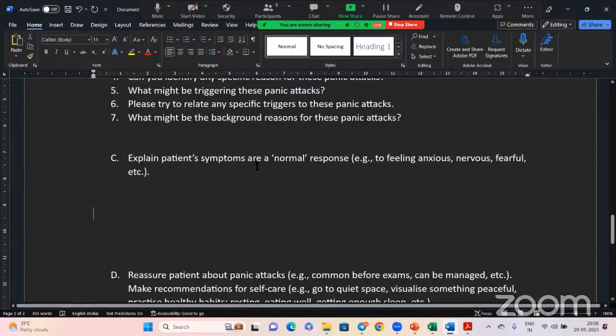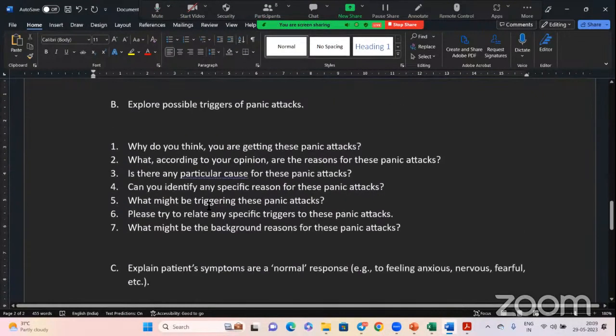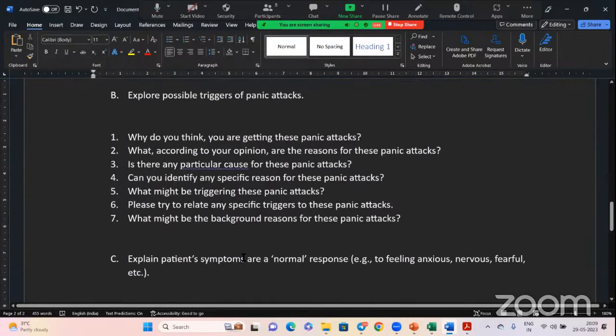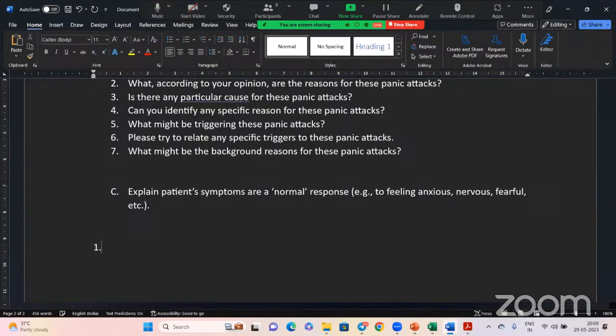See, explain patient symptoms or a normal response. Feeling anxious, nervous, fearful. Come on, write down your sentences. This is response. Explain patient symptoms or a normal response. So now you can write there. Number 1.